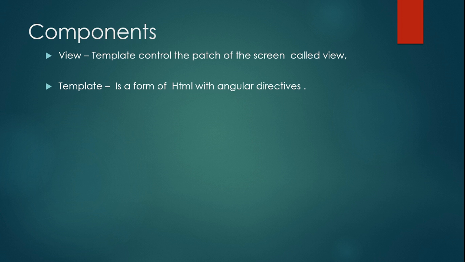These directives modify the attributes or structure of the div elements of the HTML. So a template is a form of HTML associated with the component, and that HTML with the Angular directives modifies the attributes of that HTML and binds to the data of the component.